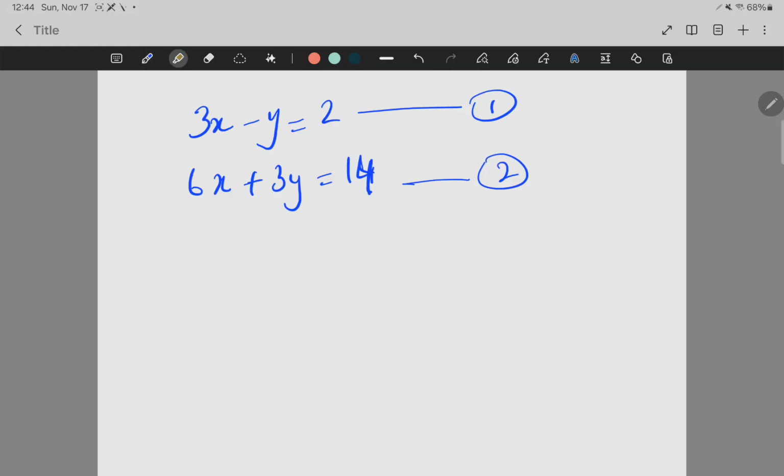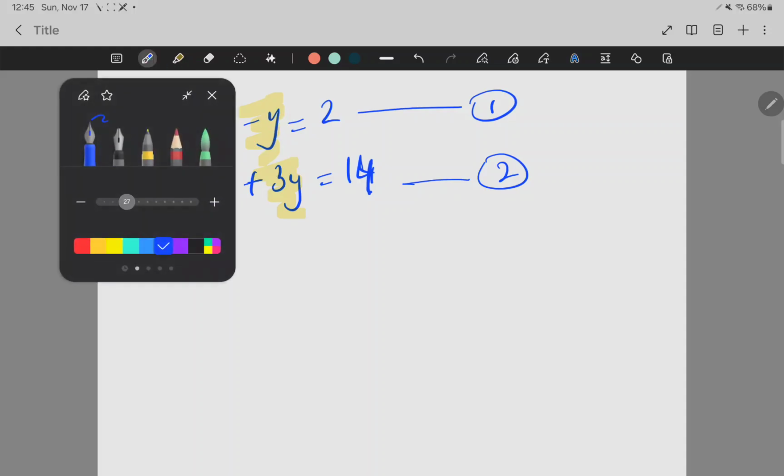If you look here, this is 3y, and this is minus 1y. And what we want to do is make them both match each other. So here we've got 1, and we want to change it to 3.